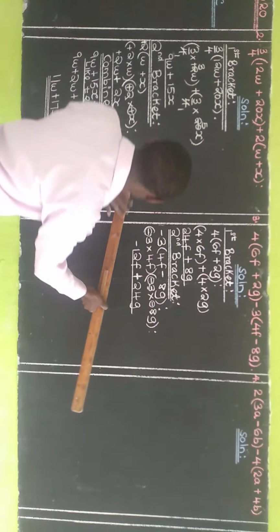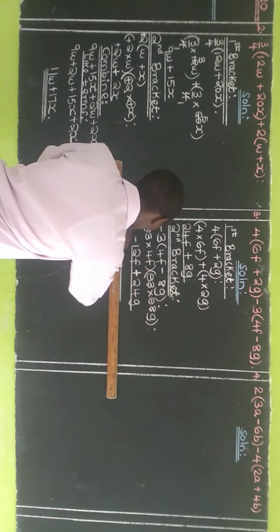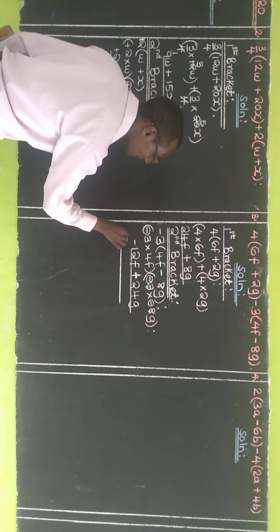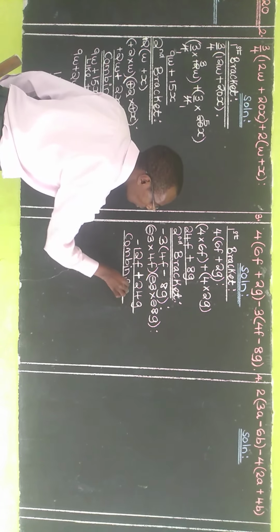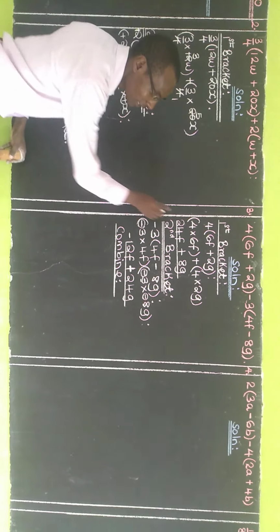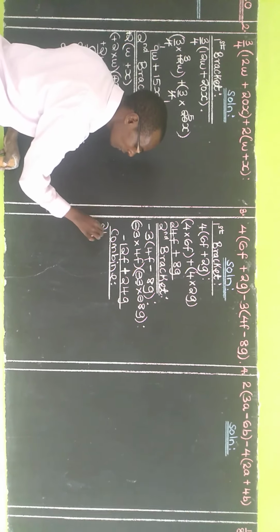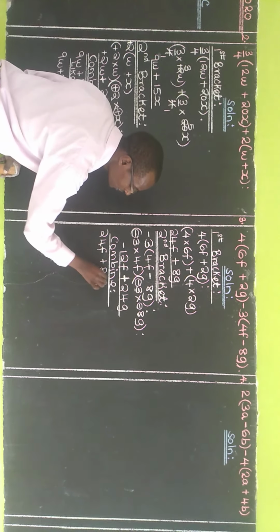So up to that point now, I can go on and combine them. I will combine the first bracket and the second bracket. The result for the first bracket we have 24f plus 8g.